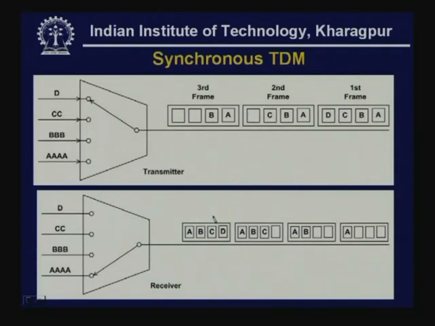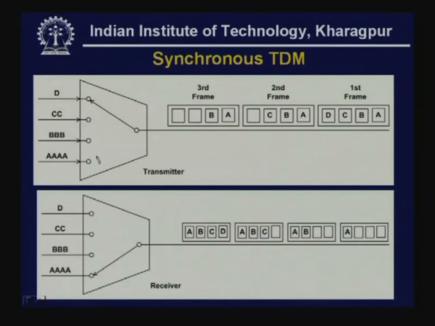So, here synchronous time division multiplexing is shown. Here, as you can see, the data is coming from 4 sources. Here you have A coming from source 1, B from source 2, C from source 3, and D from source 4.